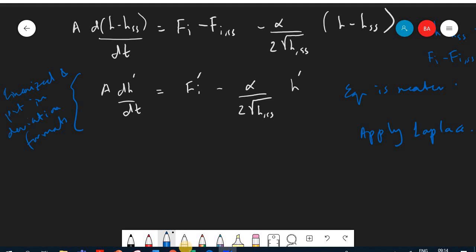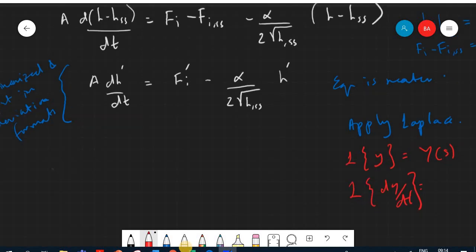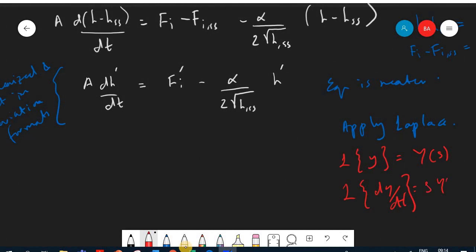So when we apply Laplace, if you can remember, if you apply Laplace to the derivative term, just recall, I'll write this in red. Laplace of y of t was the same y, and Laplace of a derivative dy by dt, for things in deviation format, will be s y of s.